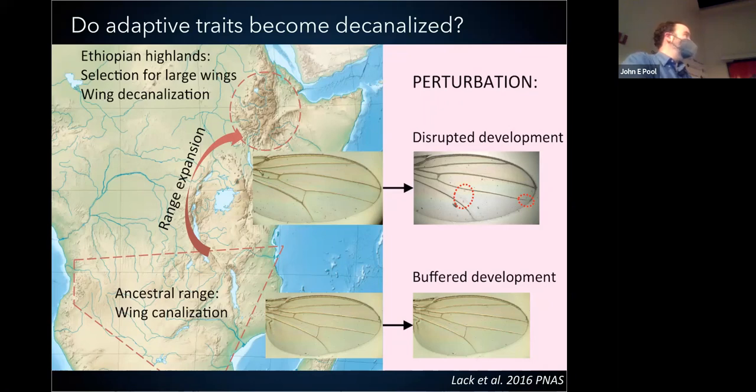But when evolution changed that trait to some degree, it may have undermined the buffering mechanisms. Not all of these buffering mechanisms might successfully buffer the evolved trait. And so we wanted to ask whether that might be true for adaptive gene regulatory evolution as well. And indeed, we did find evidence for that for our outliers, for expression anyway.